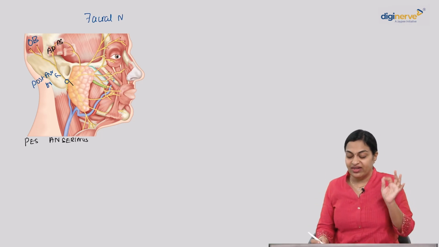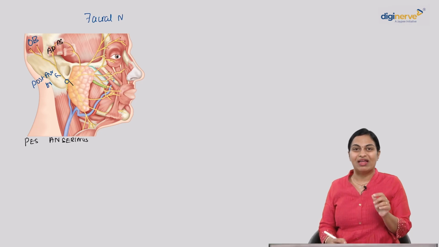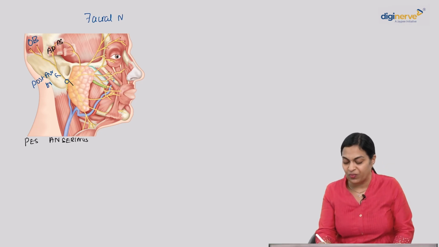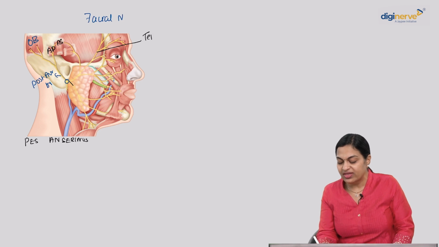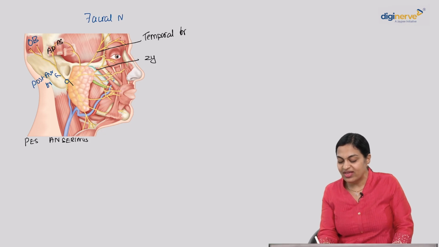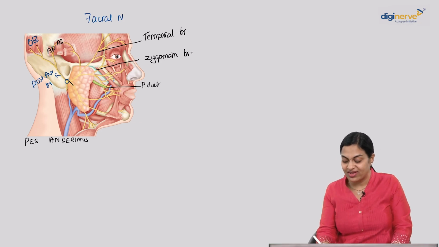Let us identify these branches because they can be asked in an image-based question in your spotter and also in MCQ. So this one is the temporal branch of facial nerve. Below that is the zygomatic branch. You see the parotid duct here, piercing the Buccinator.